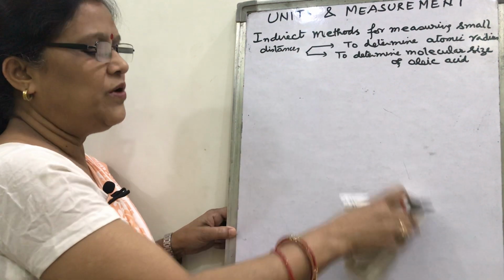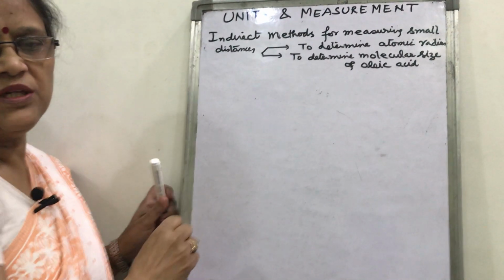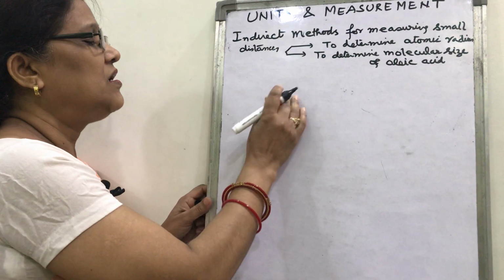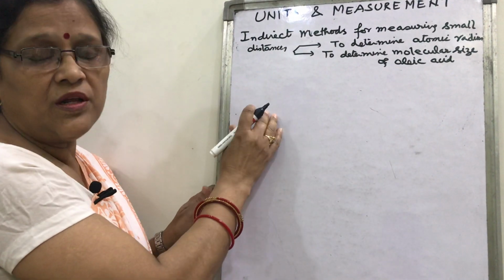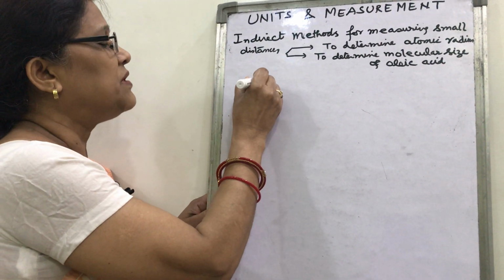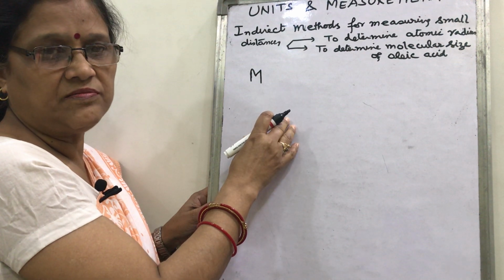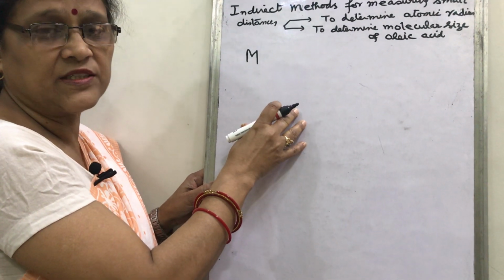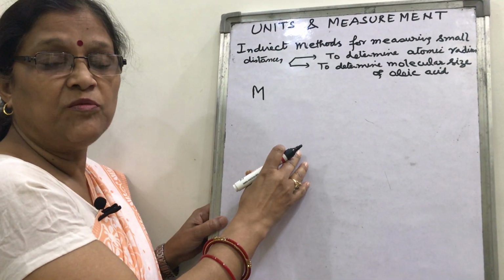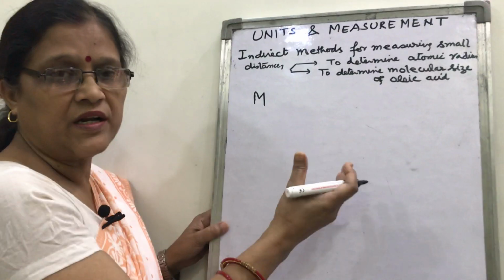Now today we are going to measure the small distances, that is the atomic radius using Avogadro's hypothesis. You know what is Avogadro's hypothesis? If molecular weight is expressed in grams, represented by m, then this m gram of molecular weight, suppose oxygen gas, 1 mole oxygen, how much you will bring? 32 grams. 1 mole nitrogen, 28 grams.